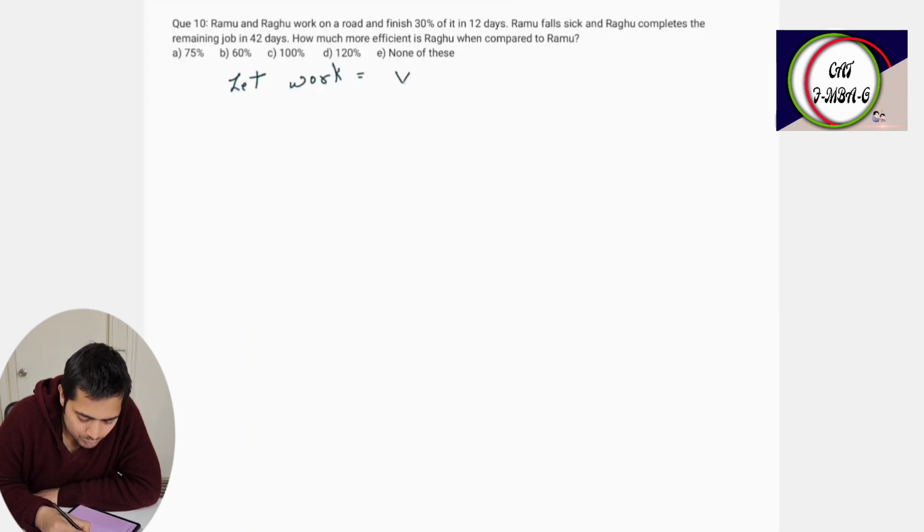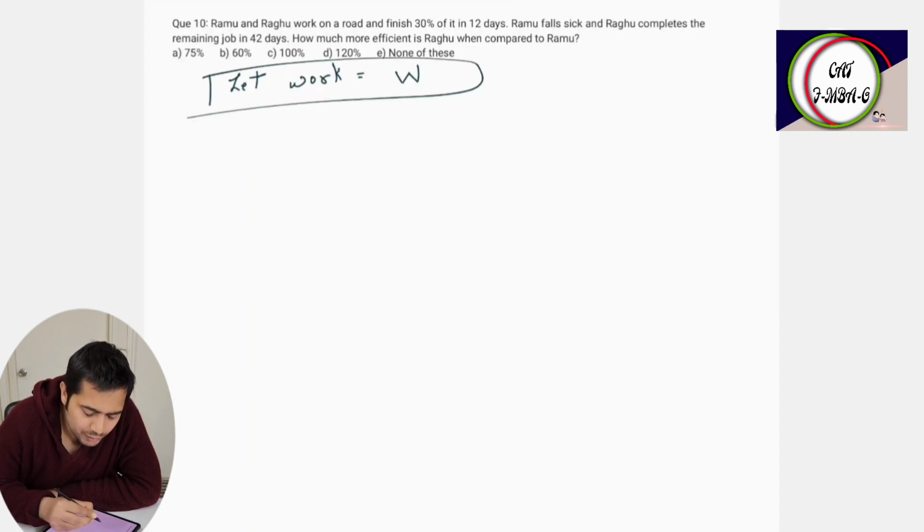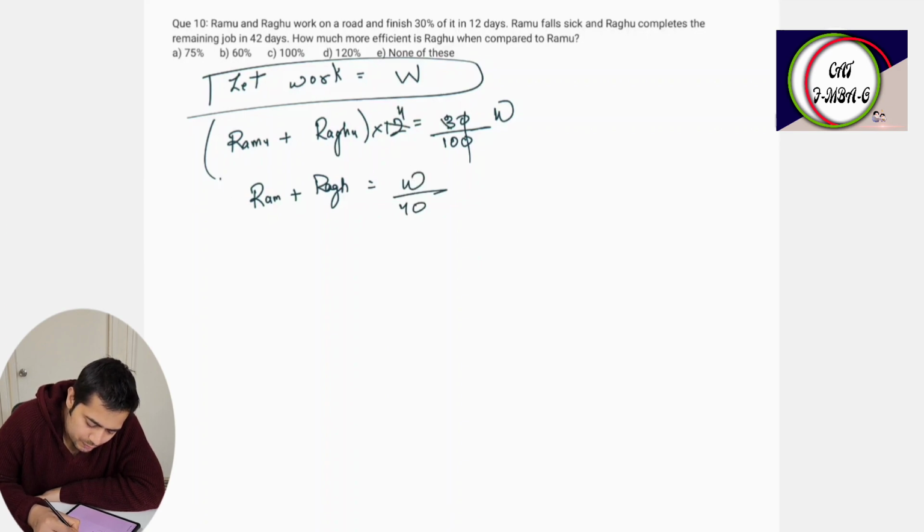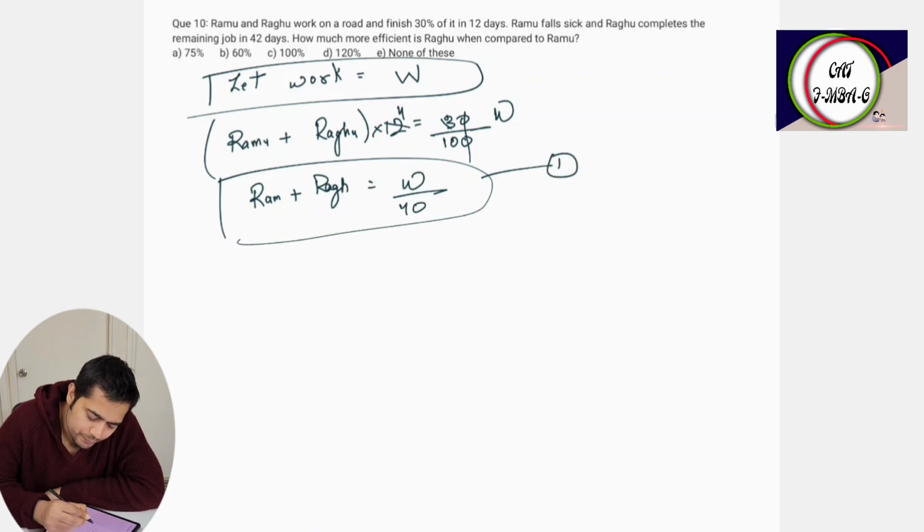Consider work is equal to W. So Ramu plus Raghu into 12 is equal to 30% of W, which is 3 by 10 W. So Ramu plus Raghu is equal to W by 40. Equation number 1.